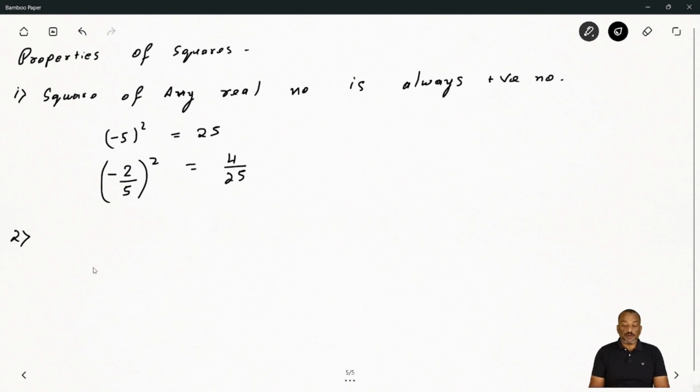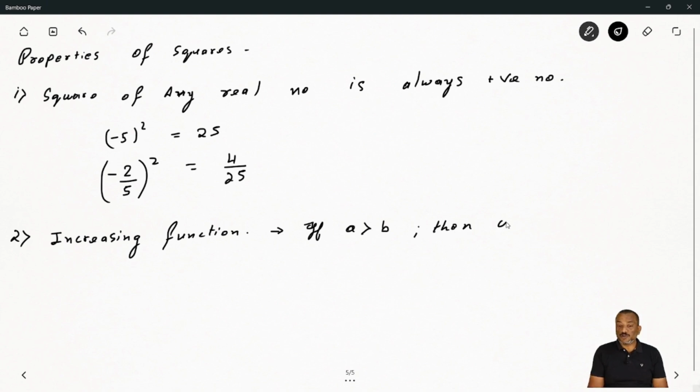Now the second one: the increasing function. It is very interesting and simple to understand. If a is greater than b, then automatically a square is also greater than b square.